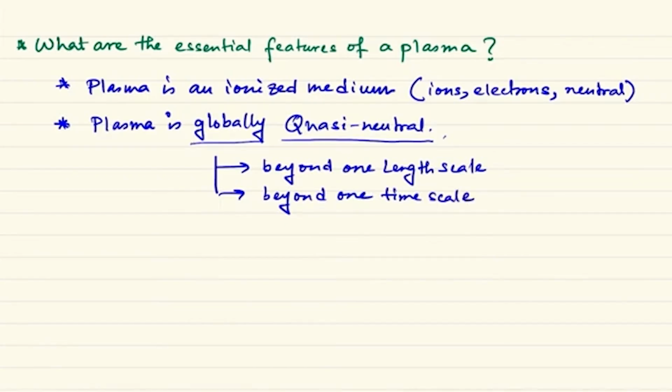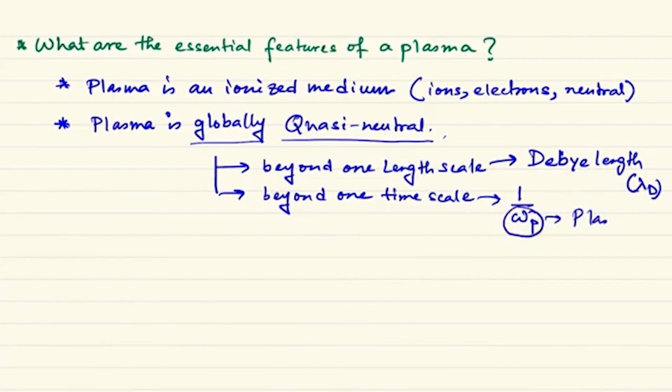This length scale is known as the Debye length, which we denote by lambda D, and the time scale is given by 1 over omega p, where omega p is the plasma frequency.